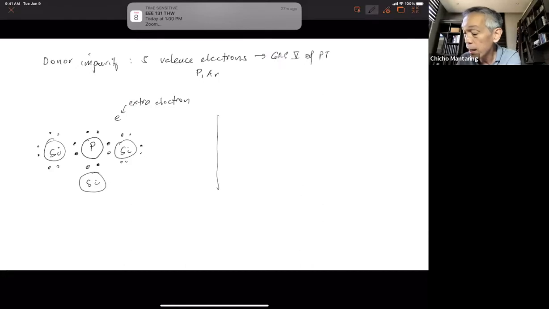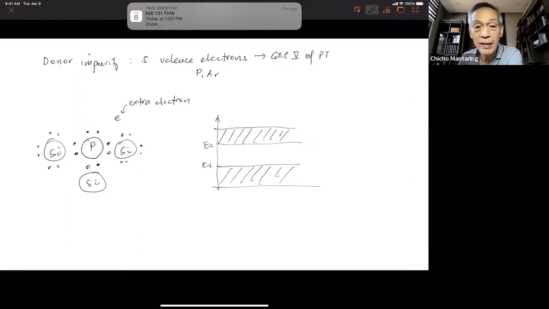And if you take a look at the energy band diagram again, this is your valence band, this is your conduction band. What is the energy level of that electron? It's going to be somewhere here.